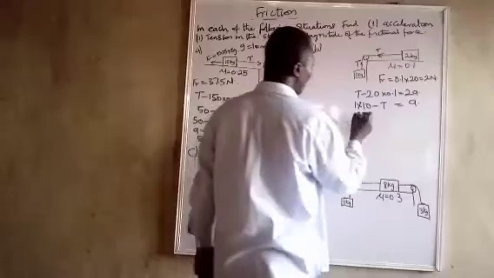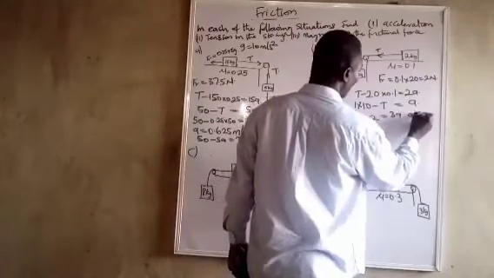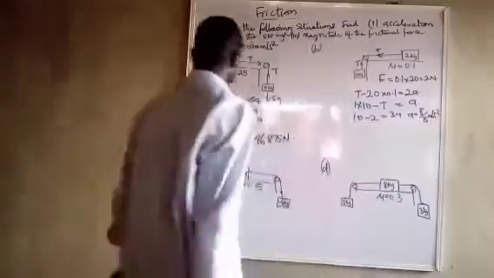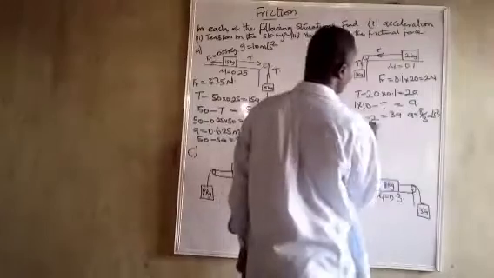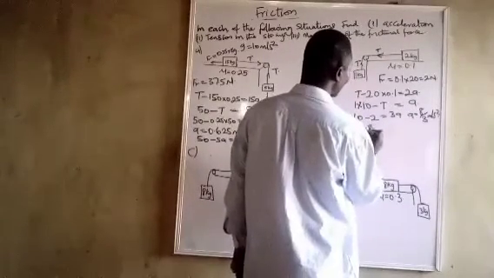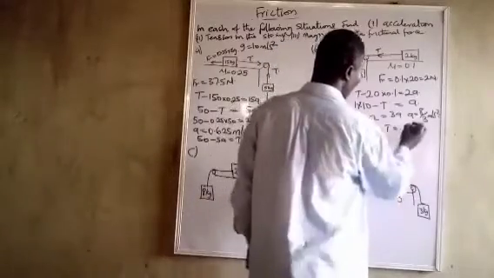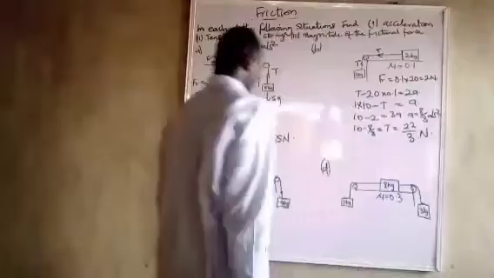So adding these two, I have 10 minus 2 is equal to 3a. So a equals 8 over 3 meters per second square. That is a. And now T. To find T now, it will be 10 minus 8 over 3, and that is 22 over 3 Newton.